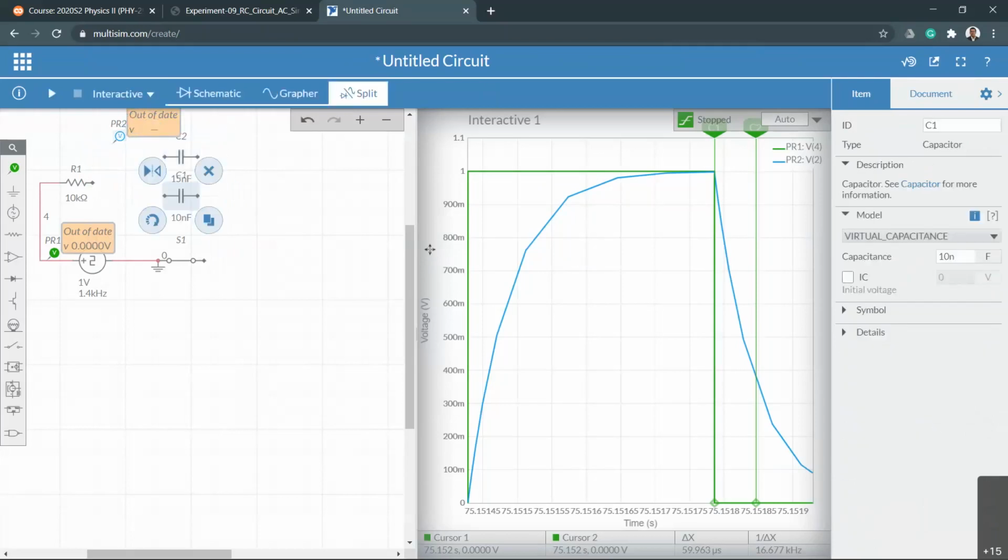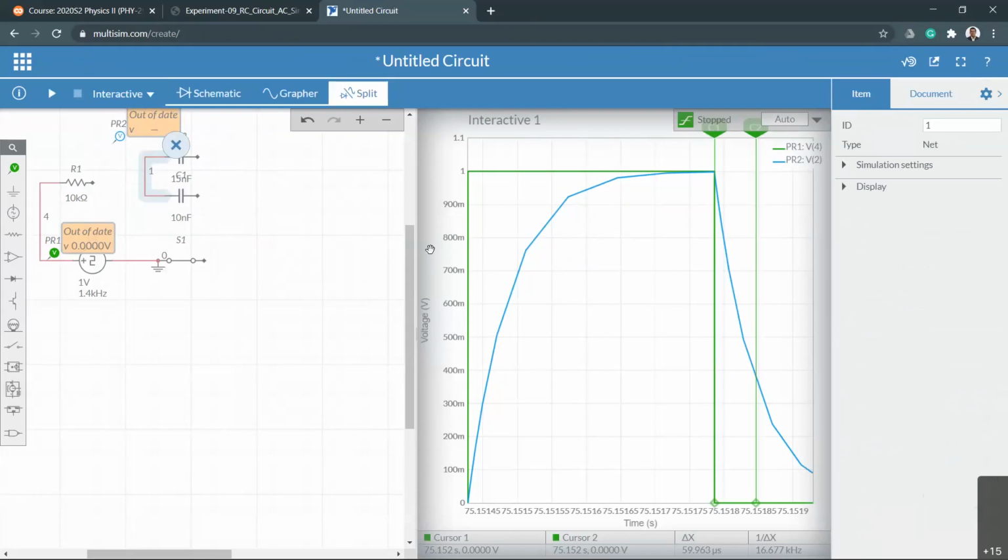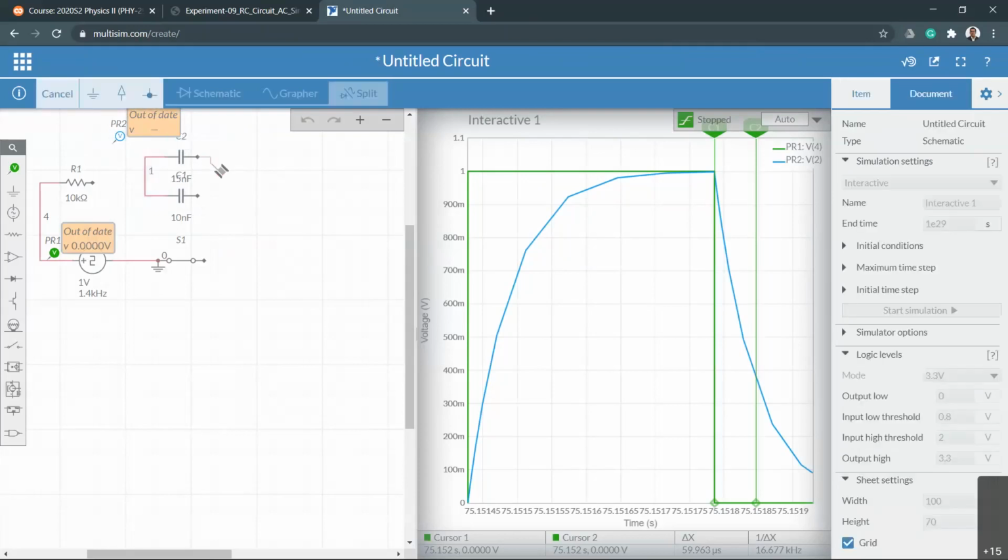And then first let's connect the capacitors parallel to each other. Okay, and then let's connect these two endpoints.